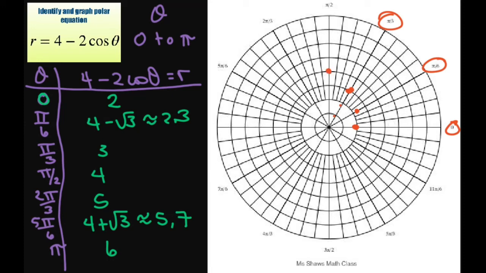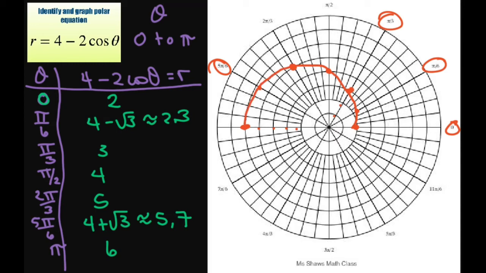And then at 2 pi divided by 3, there it is, 5. And at 5 pi divided by 6, we're going out close to 6. And at pi, we're at 6. So 1, 2, 3, 4, 5, 6. So there's our shape. We're going out this way and around.